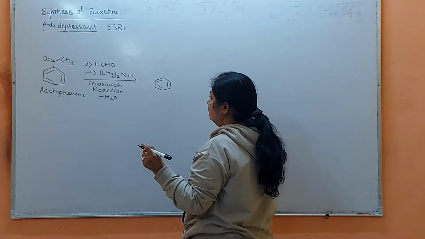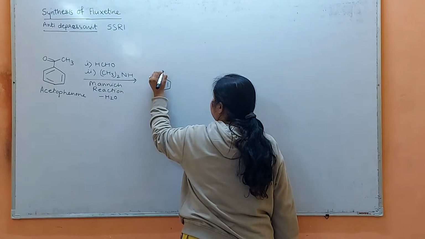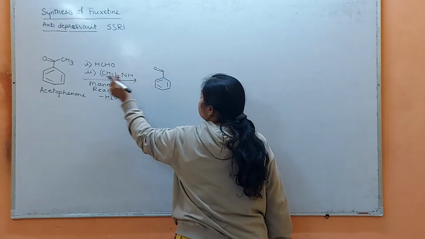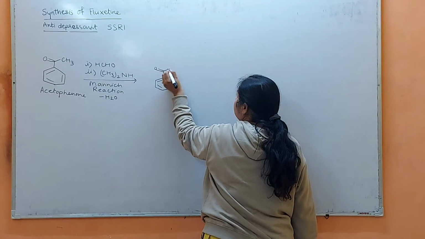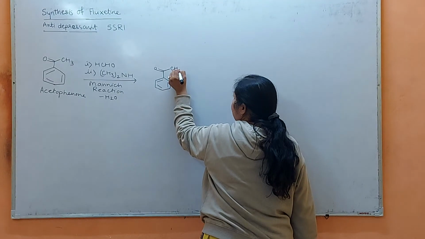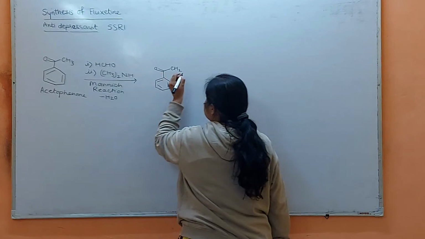Please try to understand. This double bond O will remain as it is. This CH3 will get converted to CH2. Then this HCHO, so HCH, once again CH2.